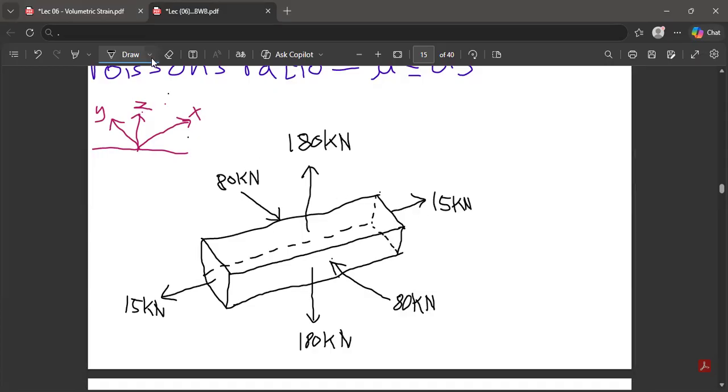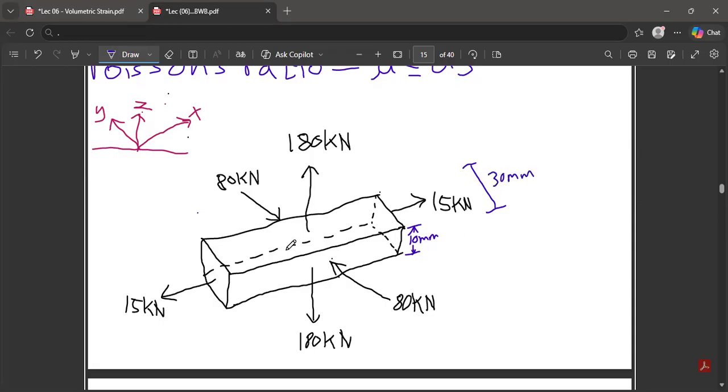Take note, I want to use a different color pen to write that for you to see. The distance from here to here is what? 10 millimeters. Okay, 10 millimeters. And also the distance from here to here is actually 30 millimeters.